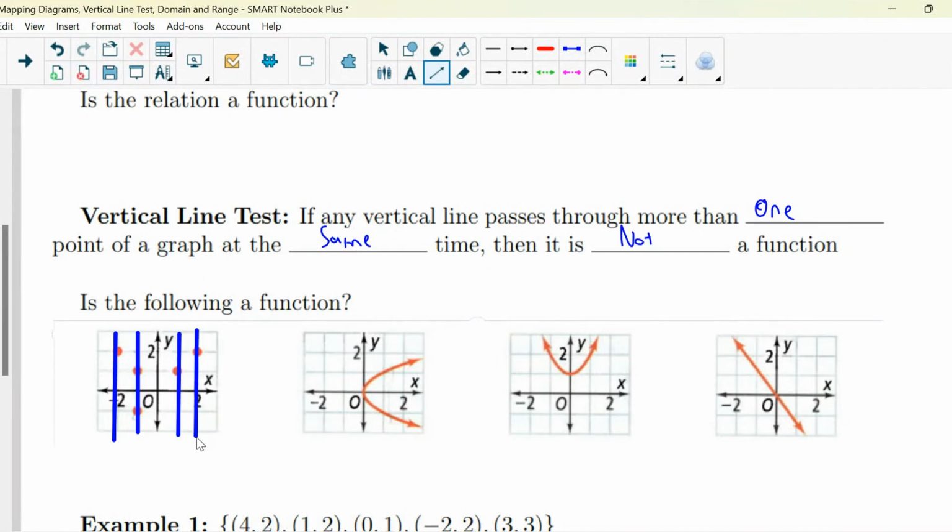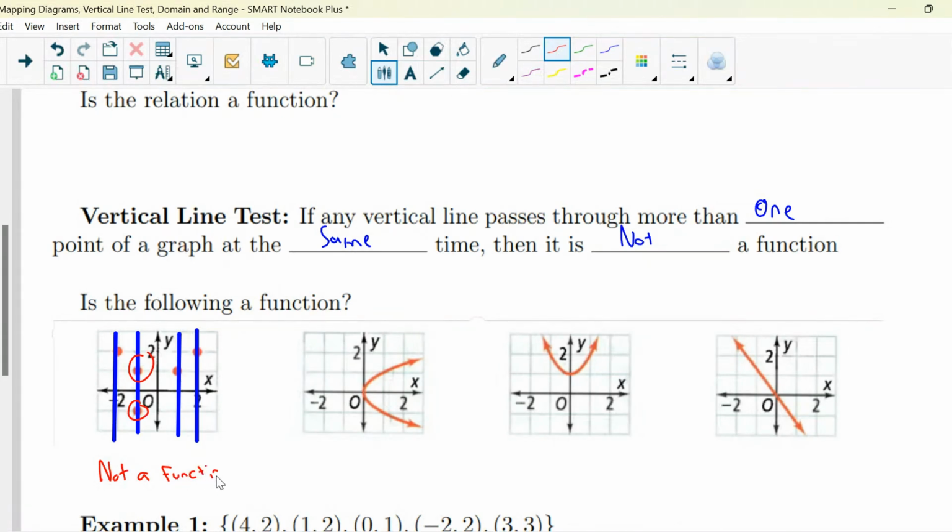Okay, then check each of your vertical lines. Okay, my first vertical line only passed through one point, which is good. My second vertical line passes through multiple points. This indicates that this is not a function.